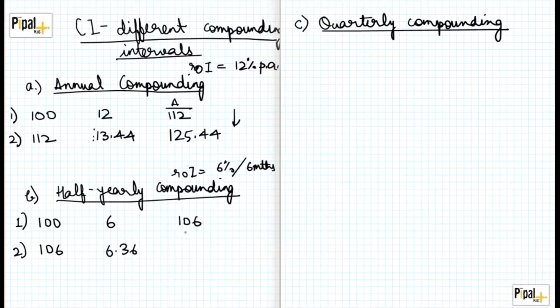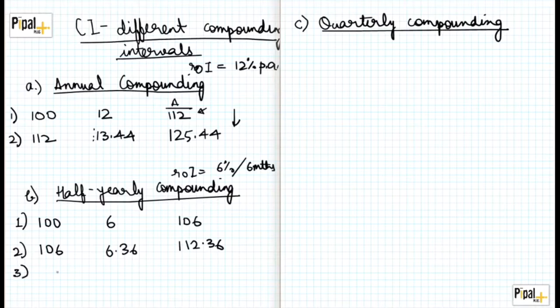So the amount at the end of 1 year becomes 112.36. You notice that there is already a difference. We would have earned 112 rupees at the end of 1 year if the compounding was annual. However, just because there are two compoundings within 1 year, the amount is 112.36.